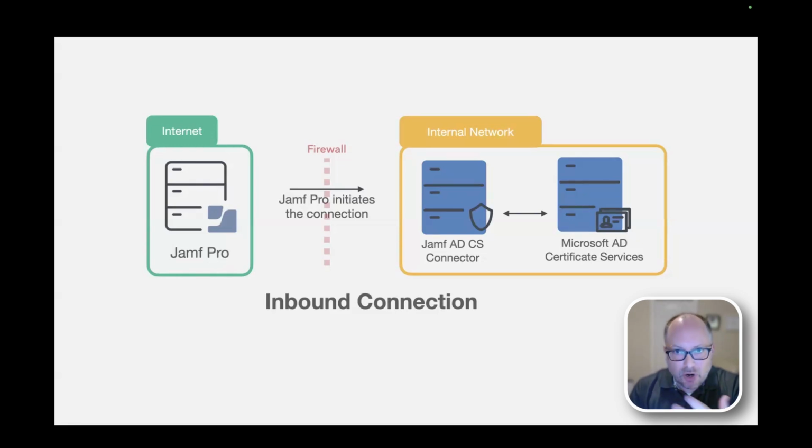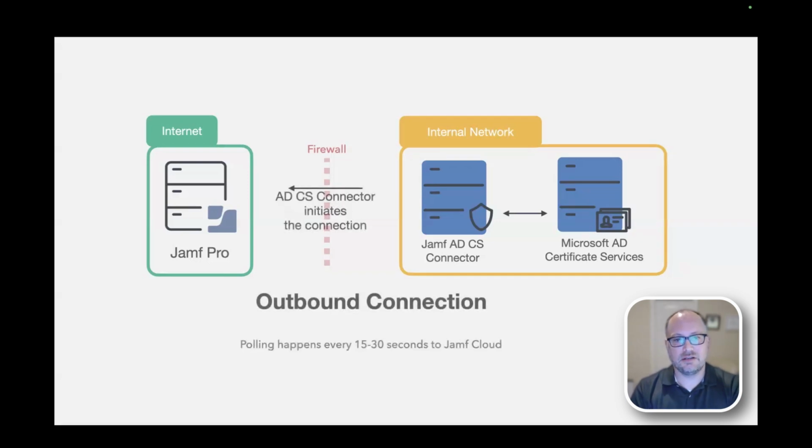It was usually the problem for all of us that use Jamf products of trying to tell the firewall administrator that this needed to happen. If you go ahead and click, you'll see our goal is to eliminate that discussion and not have a firewall rule built. Instead, just have ADCS reach out to the internet, in turn, Jamf Cloud, to go and initiate the connection.